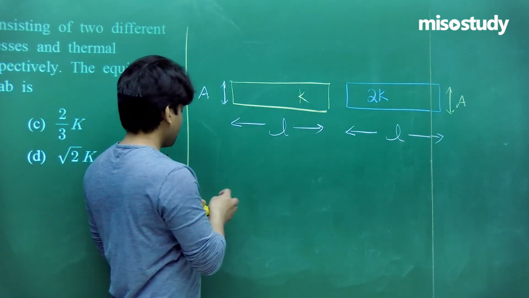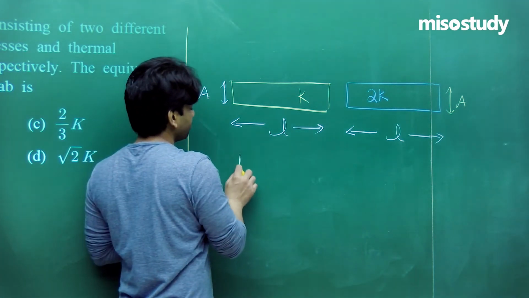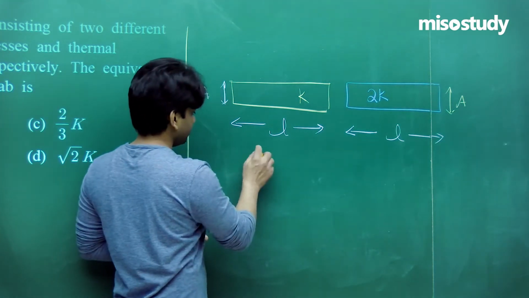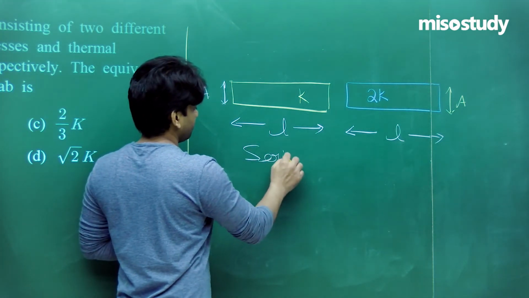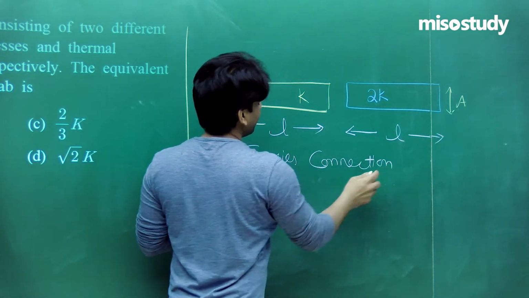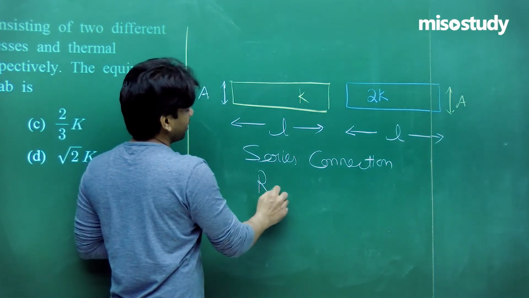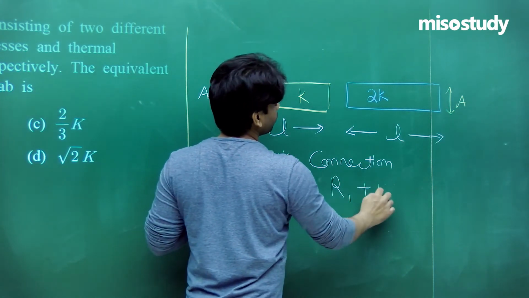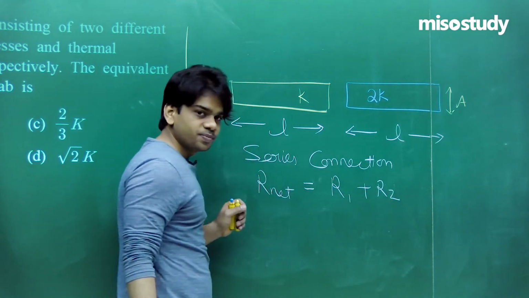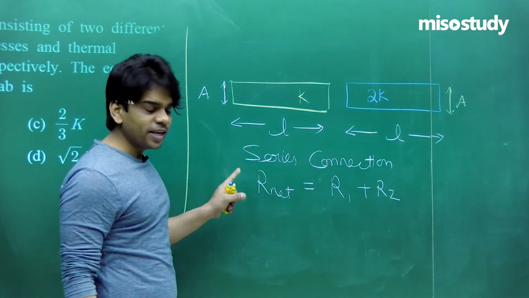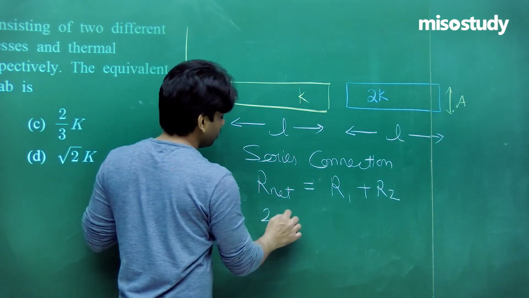So if I write, after joining in series connection, the net heat resistance will be equal to the sum of the individual heat resistances of each rod. Resistance is given as L by KA. The length will be 2L.